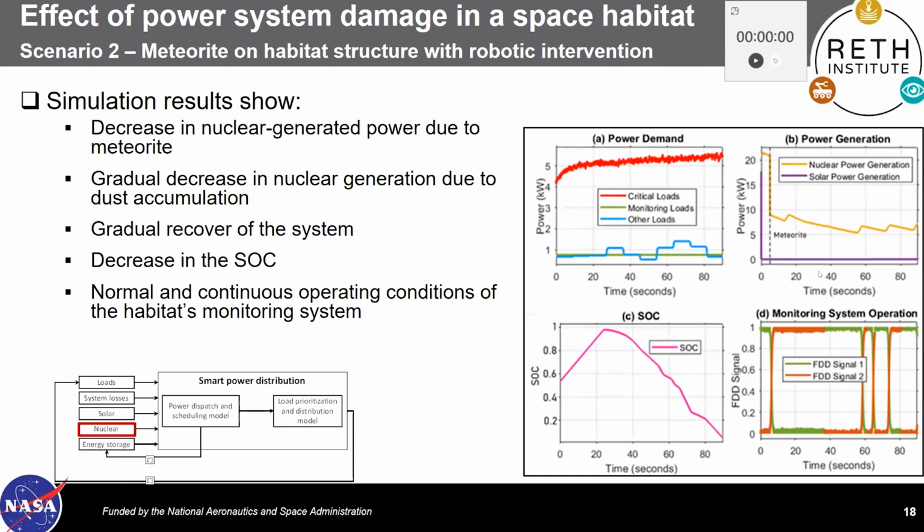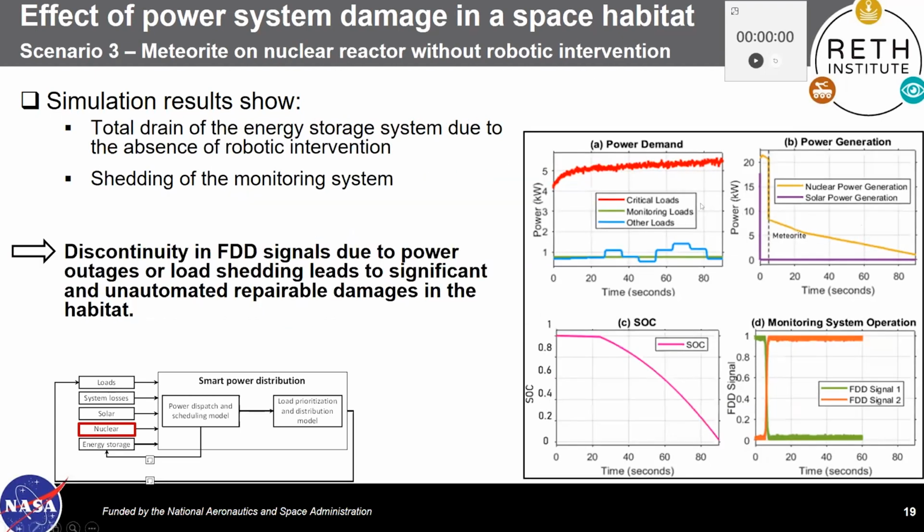In the third scenario, we added the meteorite with high dust accumulation level without any repair intervention. The habitat was running without power, and the main load affected was the monitoring load, where our fault detection and diagnosis equipment were not sending any signal about the health status of the system. This led to an unautomated repair.